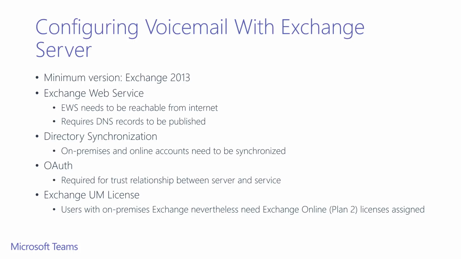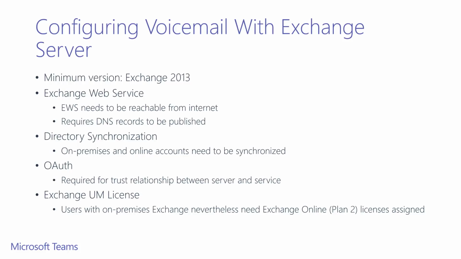Now, of course, if this happens to be a user with an Exchange Online mailbox, then no additional configuration is required. But if we're using Exchange on premises or Exchange Server, at a bare minimum, we need to have Exchange 2013 with the latest CU applied. We need to open up the ability to connect to Exchange Web Services or EWS, which means that we need the appropriate firewall ports open for us to reach this from the internet with the corresponding DNS records. We do need to make sure we have directory synchronization already taken care of. For more information on that, refer back to our Azure AD section of this training.